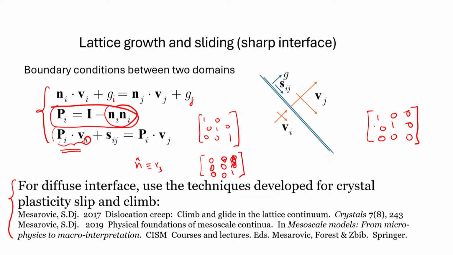Basically, you have to spread that growth throughout the interface region, which means that the growth should exist only when your gradient is non-zero. And you also spread the slip throughout the interface region. So they both exist when the gradient of the phase field is non-zero. It's a little mathematical trick, but you can see the details in those publications.